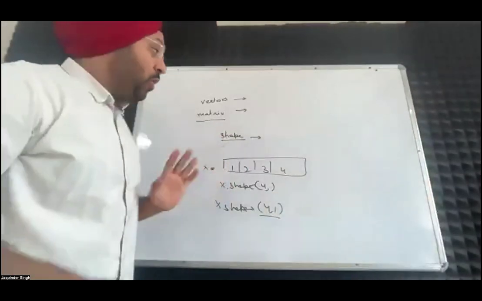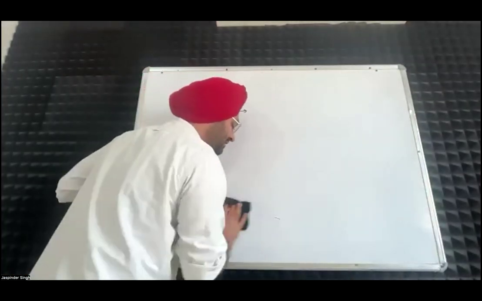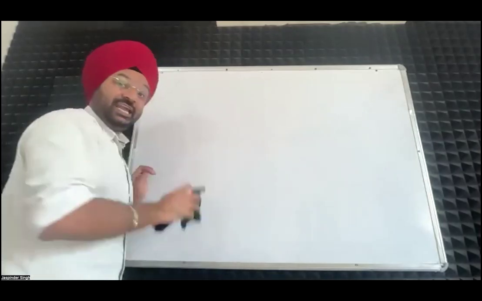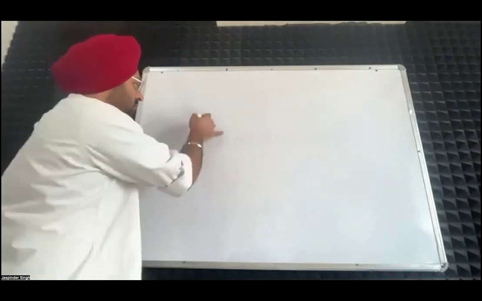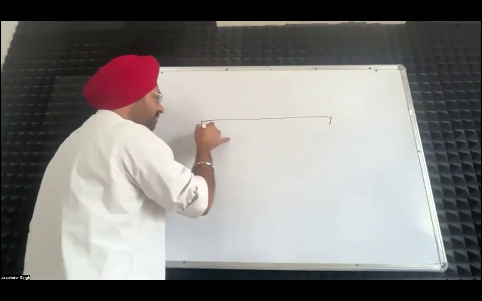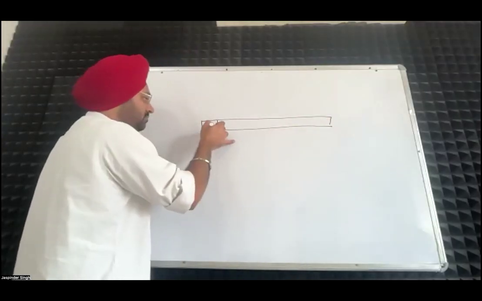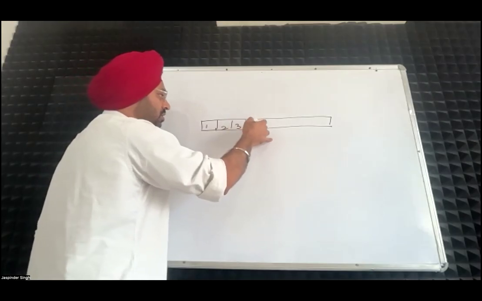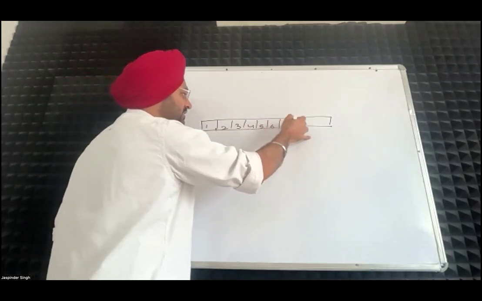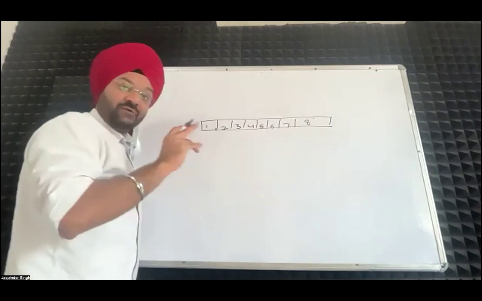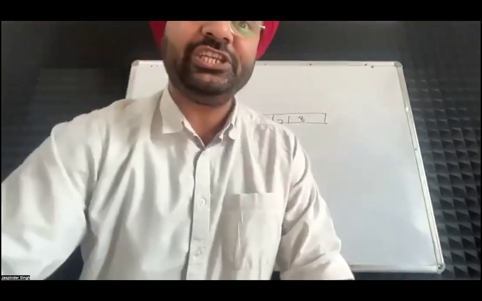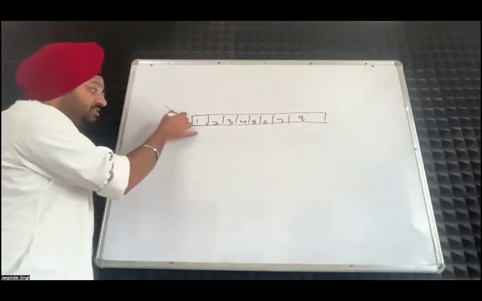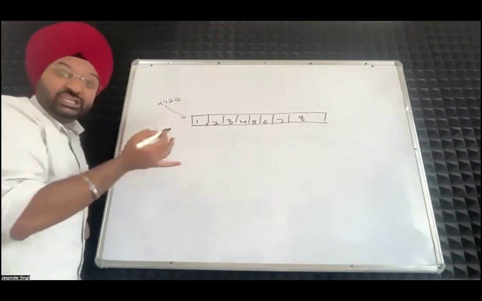Suppose initially I have created a 1D array of 1 million elements or 10 elements. I cannot have 1 million on the whiteboard, you will hate me for that. So if I have 1, 2, 3, 4, 5, 6, 7, 8, a 1D array of 8 elements, and then I reshaped it, it is at memory address 420.